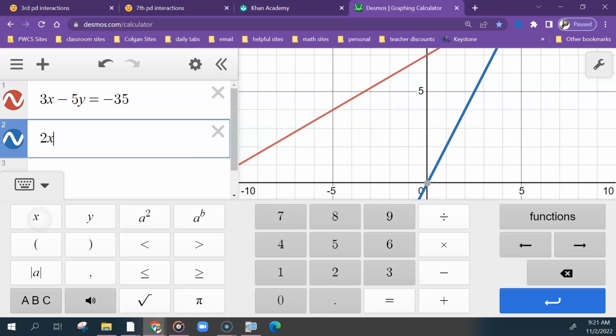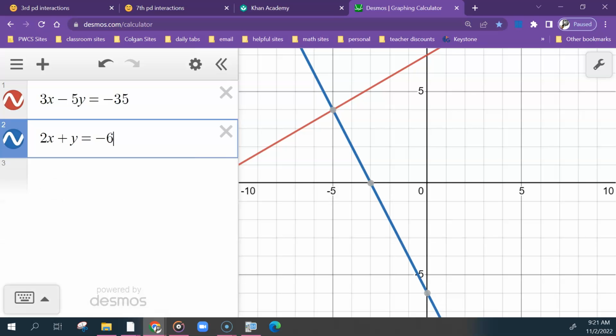And then 2x plus y equals -6. It will show me my two graphs. If I click on the point where they intersect, it'll tell me that intersection point. So definitely use Desmos when you're at home practicing, as you should be at home practicing when you're not here.